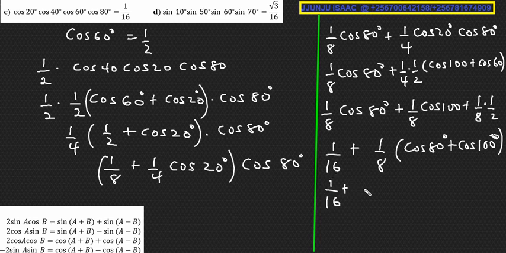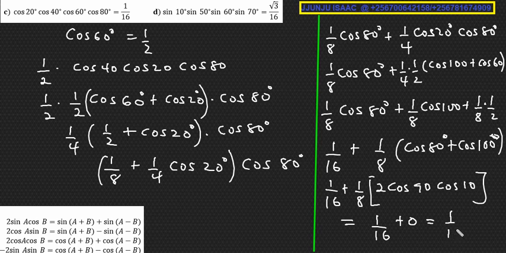So we have 1 out of 16 plus 1 out of 8, then here we shall have 2 cos plus cos, we get 2 cos cos, so this is 2 cos, add them and divide by 2, that is 180, this is 90, then cos, subtract them and divide by 2, we shall have 20 divided by 2, which is 10, but cos 90 is 0, and all of this is 0, so it remains 1 out of 16 plus 0, which is equal to 1 out of 16.